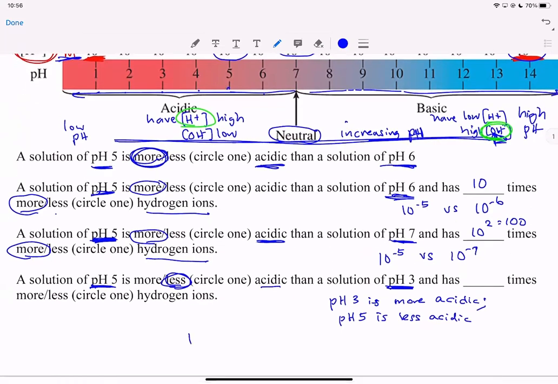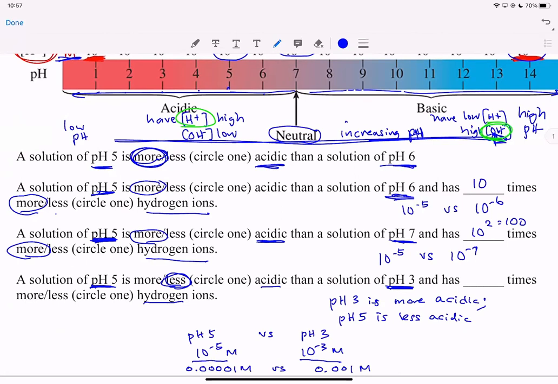So if your pH 5 is 10 to the minus 5 molarity versus the pH 3 is 10 to the minus 3 molarity, in terms of the hydrogen ions, does the pH 5 have more or less hydrogen ions? 10 to the minus 5 is 5 zeros in front of the 1, compared to 10 to the minus 3, which is 3 zeros in front of the 1.